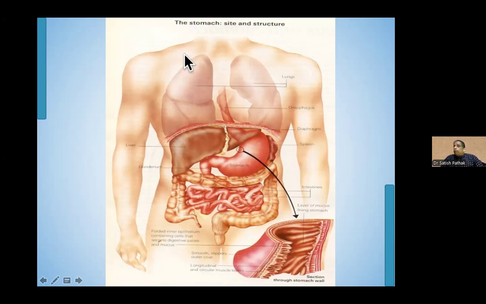For example, suppose you take concentrated sulfuric acid, 1 teaspoon. And if I tell you to take it on your palm, will you take it? Why not? Because it will burn your hand.